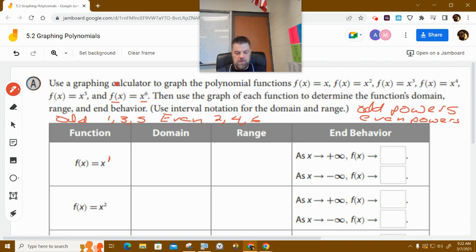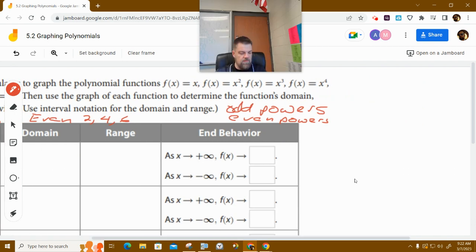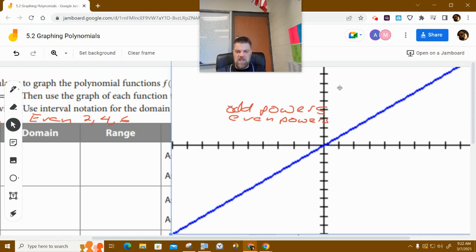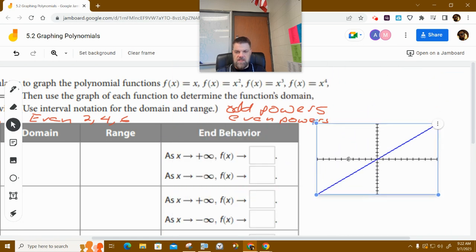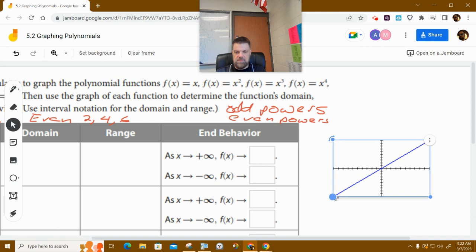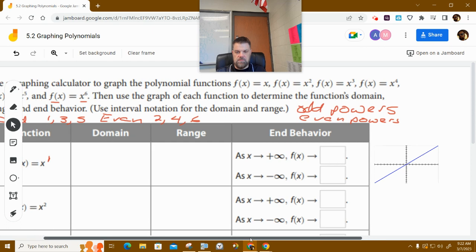Just grab a different calculator. I'm going to reset this one. Okay. So I'm gonna copy and paste that graph over here a little bit. I'm just gonna make a tiny version of it. Do I want you to sketch the graph? Yes. Just kind of push it over here to the side.